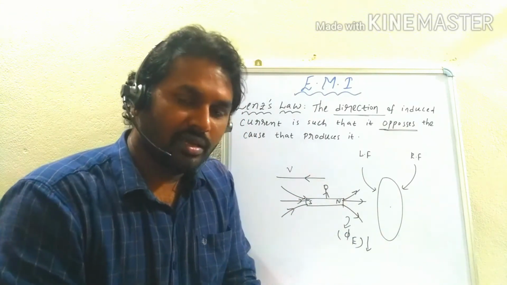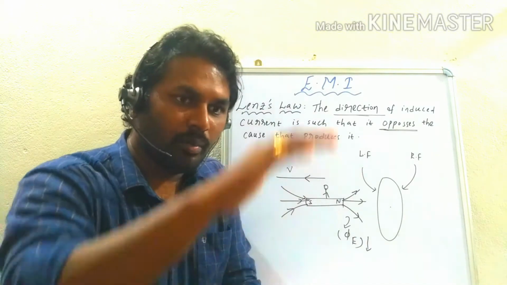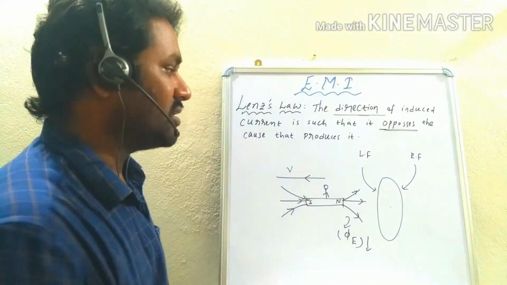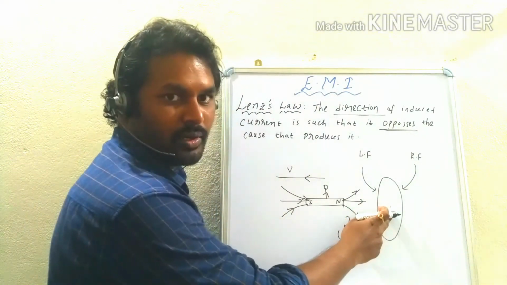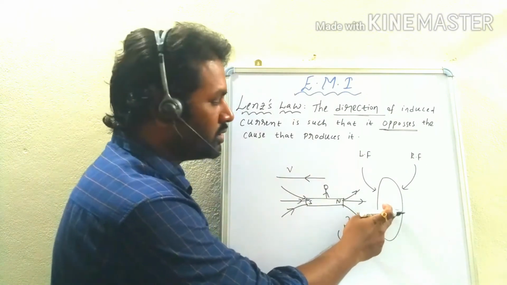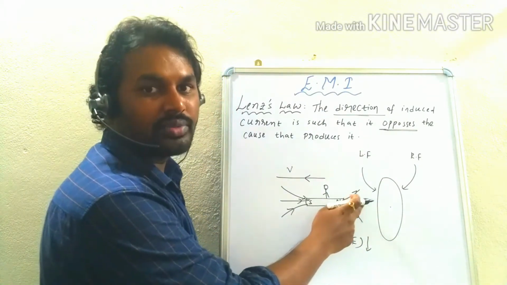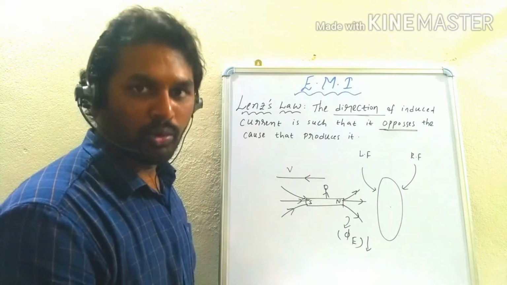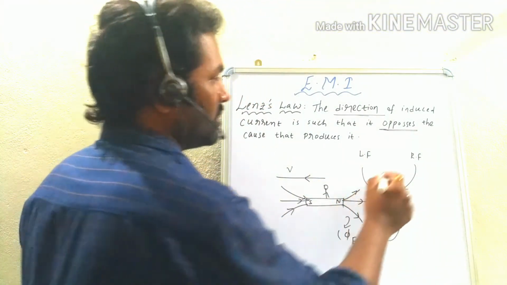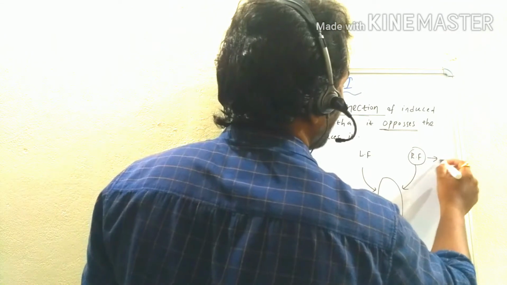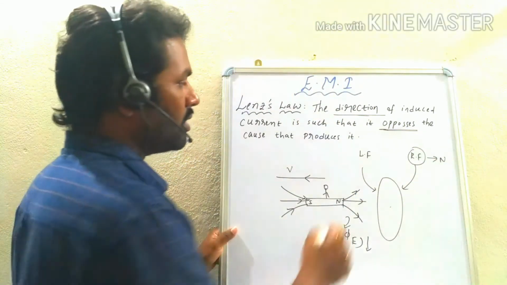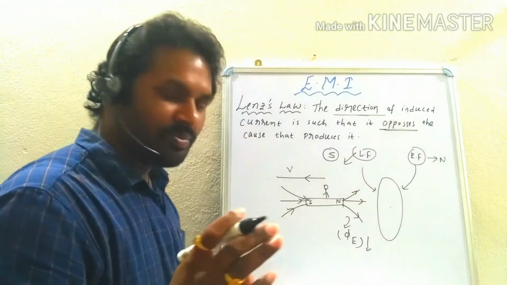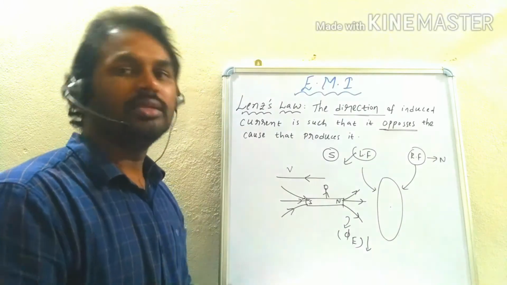So what you can say, the opposition to decreasing is increasing, which means that the induced flux developed in the coil should be along the direction of the external flux, then only we can say there is an opposition. So the right face of the coil becomes the north pole, and the left face of the coil becomes the south pole, then the condition will be satisfied.